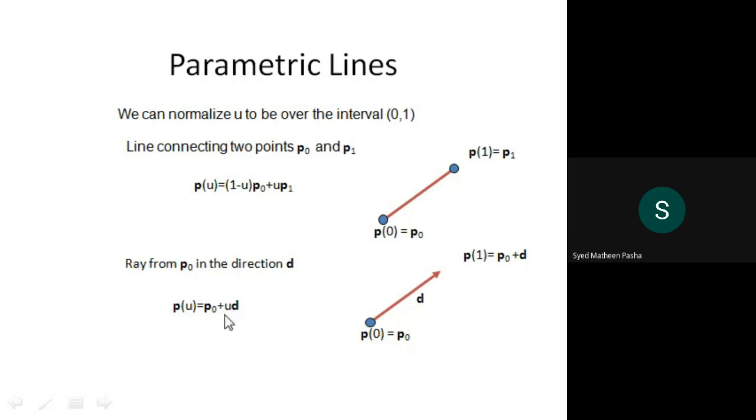You take the product of the parameter u with D, u times D, added to the initial point P0, so that you will get the point P1. So this is how you define and calculate parametric lines.